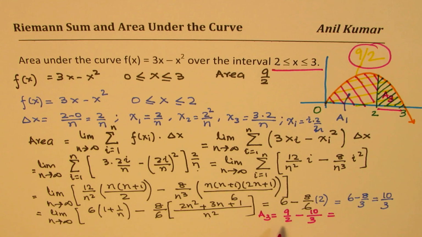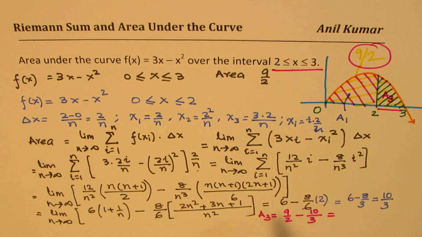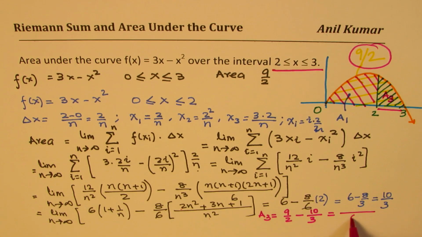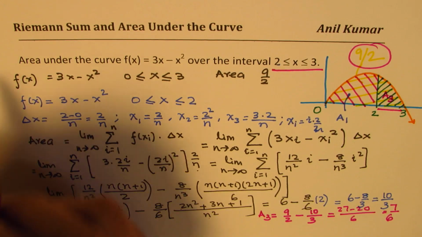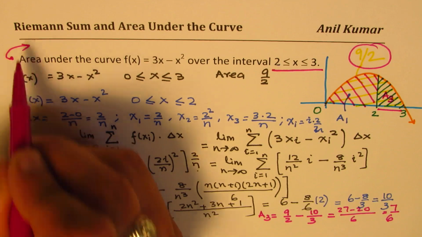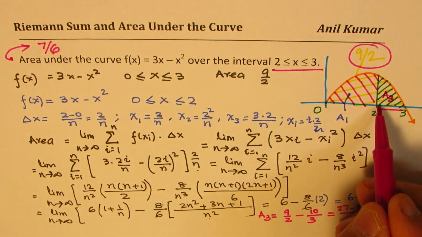Correct? So that becomes the area of the portion between 2 and 3. So the area under the curve when x is from 2 to 3 is 27 minus 20 over 6, or 7 over 6. Correct? So area under the curve is basically equal to 7 over 6 from 2 to 3.